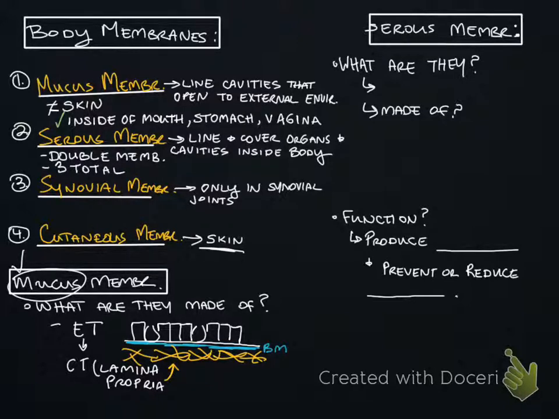Now, what about serous membranes? What are they? Well, we know they're a double layered membrane, but what are they made of? We know they line a space, so we have to have epithelial tissue, and it is typically simple squamous epithelial tissue, so really thin.